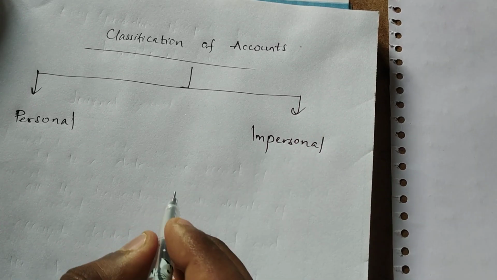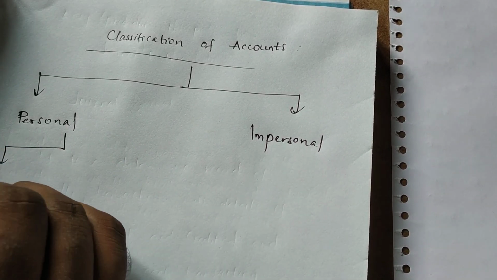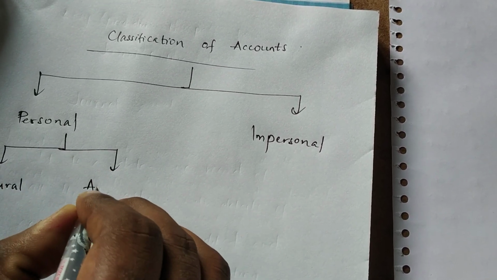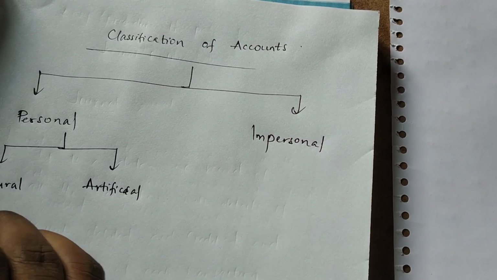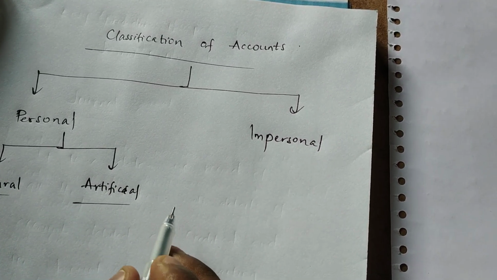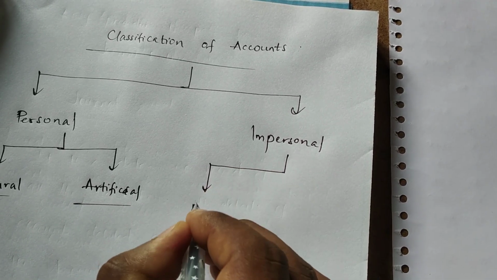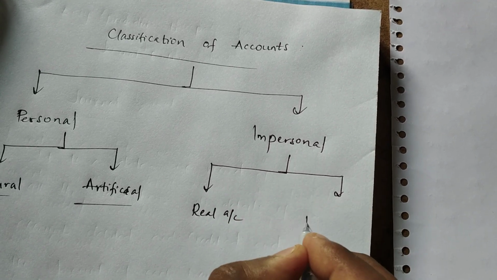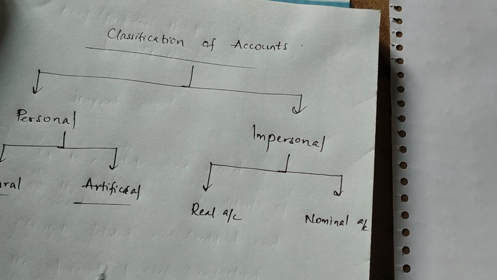In personal accounts, we have natural and artificial. In impersonal, we have real account and nominal account.